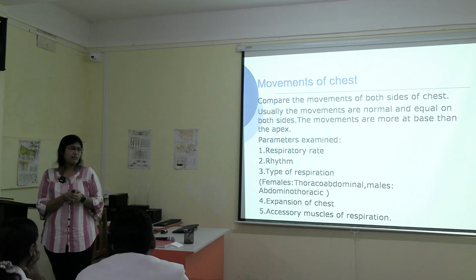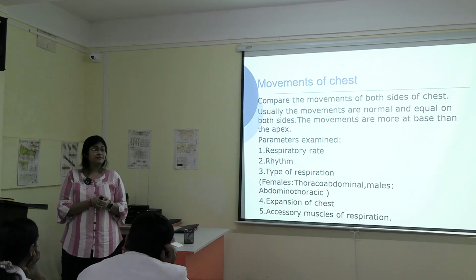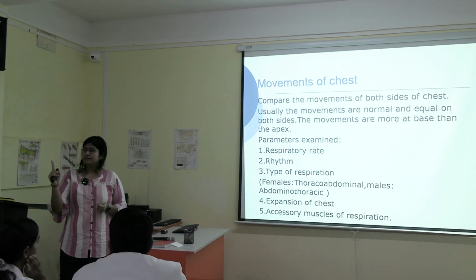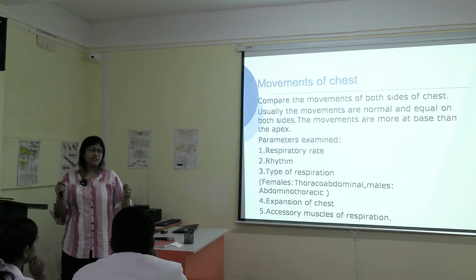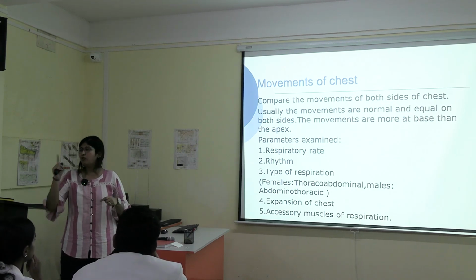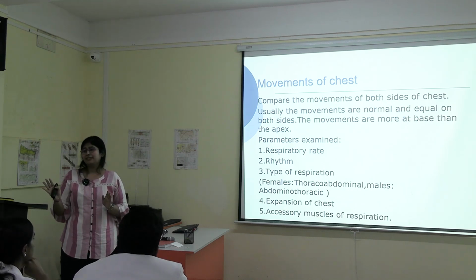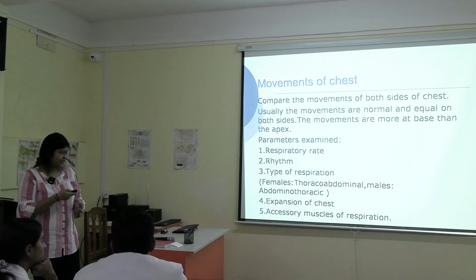Can you tell me some accessory muscles of respiration? One. External intercostal muscle. Internal intercostal. One more. Other than intercostal. Okay, you people are aware. Very good.